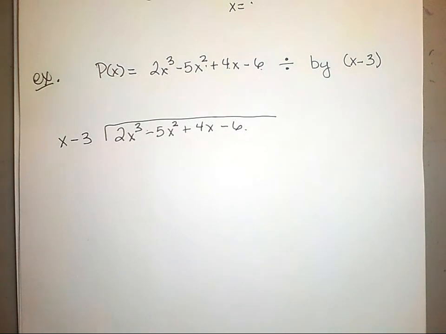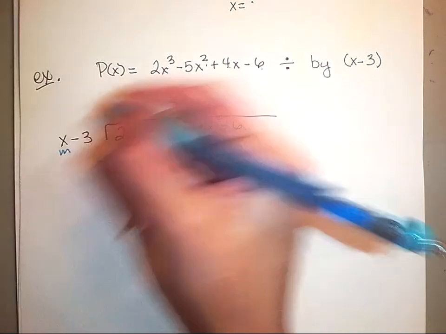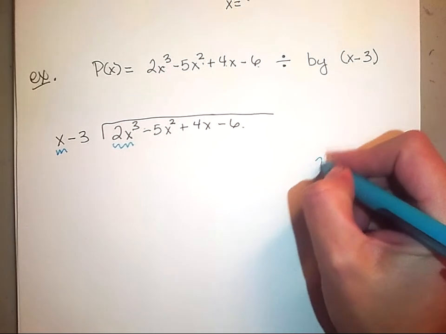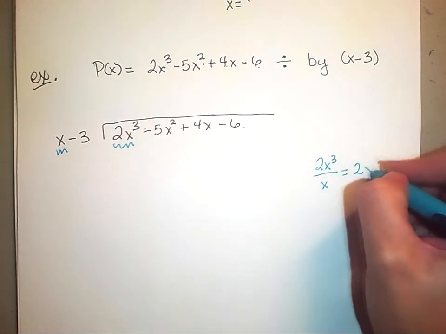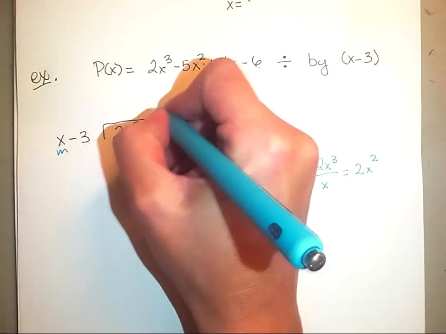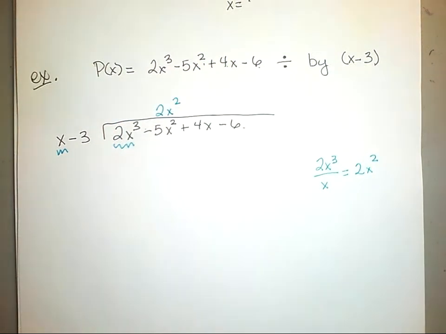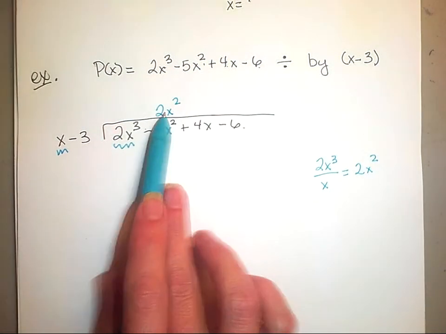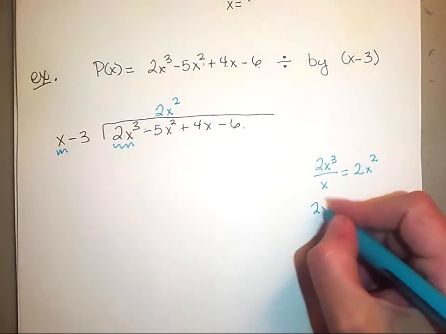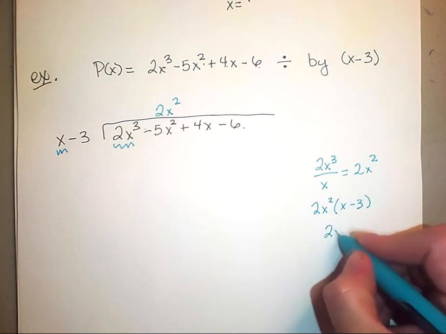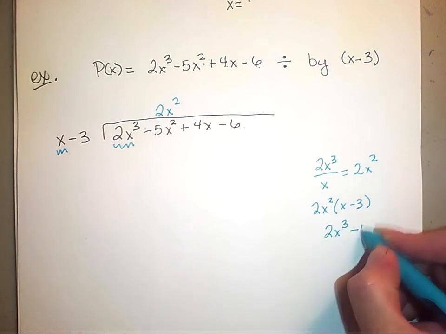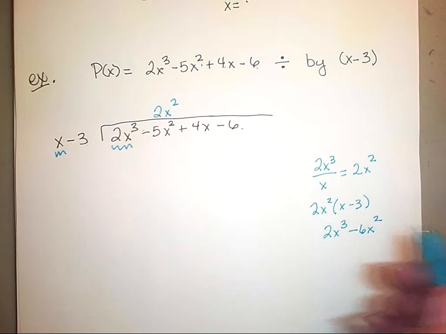Okay. So first we begin by asking how many times does x go into 2x cubed. So really we're just reducing this to get 2x squared. We write that up top. Then we have to multiply that by this to get 2x cubed minus 6x squared.